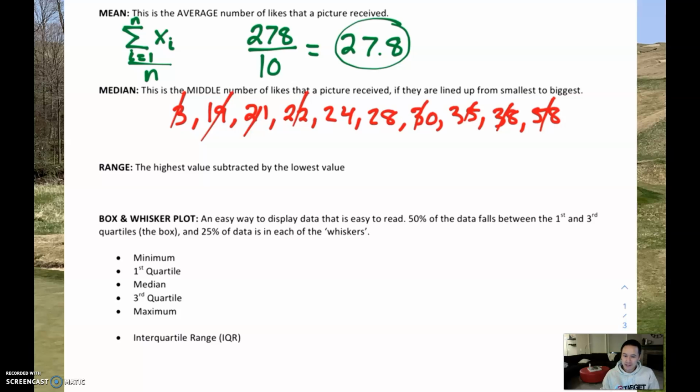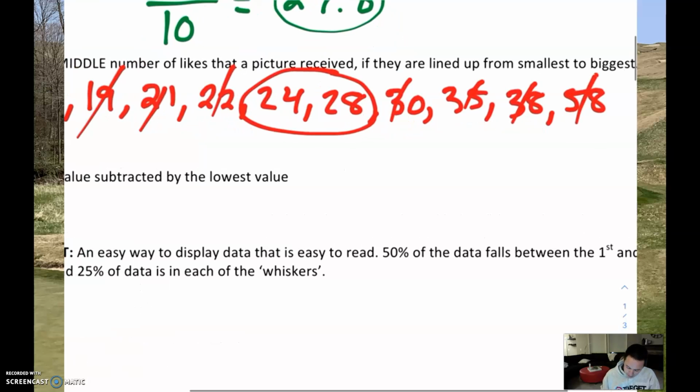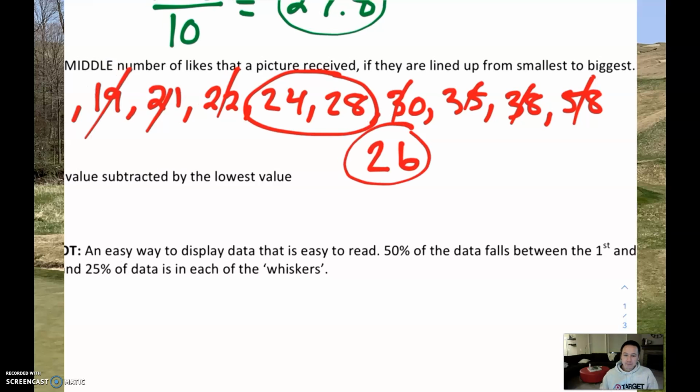So in this case, there were an even number of data points. We had 10 data points. So when you get to the middle, you're going to see 2 numbers. We have to find the number in the middle of those to become our median. So the number in the middle of 24 and 28, you can add them up, divide by 2. The median would be 26.